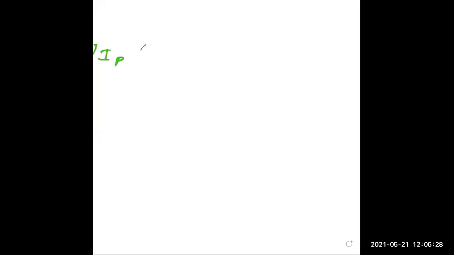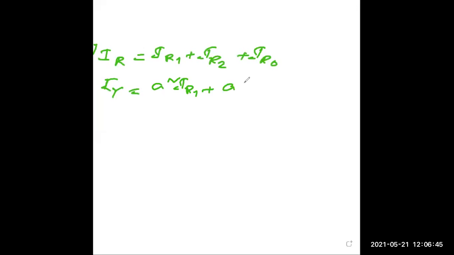So IR equal to IR1 plus IR2 plus IR0. And IY equal to A square into IR1 plus A into IR2 plus IR0.